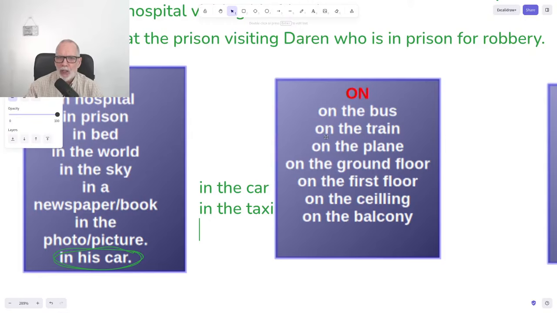On the bus, on the train, on the plane. También decimos on the motorcycle, en la moto, o on the bicycle. Usamos on también para pisos, the ground floor, el piso bajo, the first floor, el primer piso. On the ceiling, en el techo.